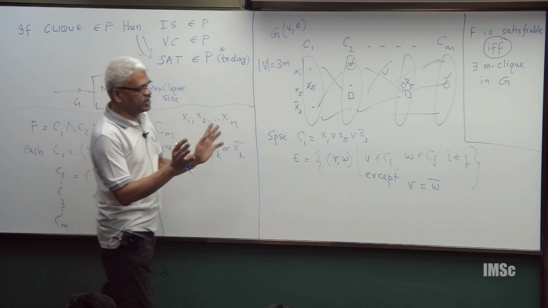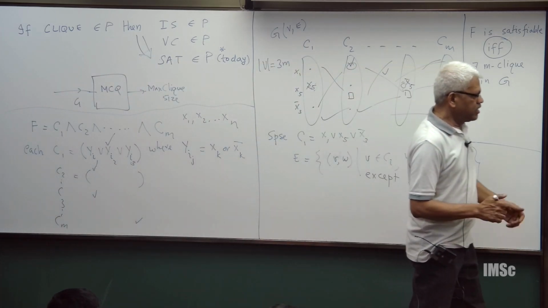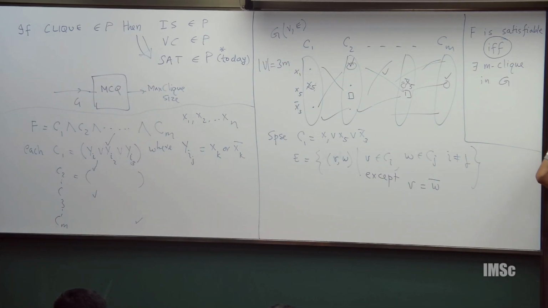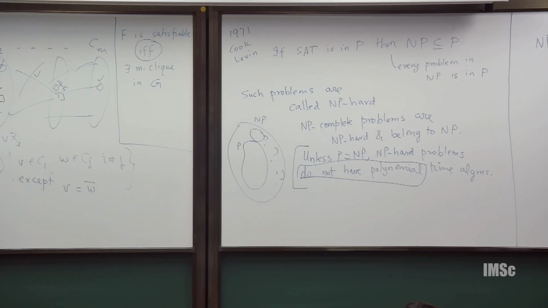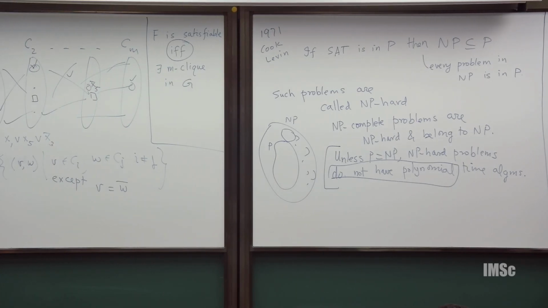Now, if you show that it is NP hard, then you give some evidence that any algorithm to solve this problem needs more than polynomial time. In this case, it is not a theorem, but evidence, because it is under the belief that P is not equal to NP.